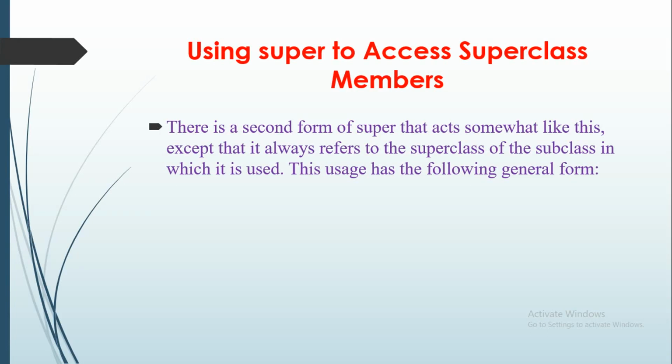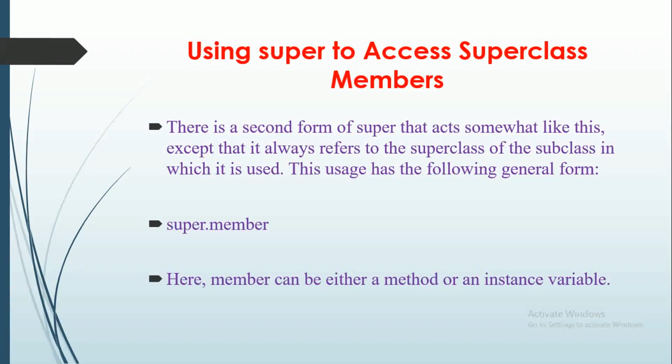With the help of the super keyword, and its general syntax is super dot member. In place of member, we can use whatever we want. That is, we can use a variable, a constructor, or a method as well.